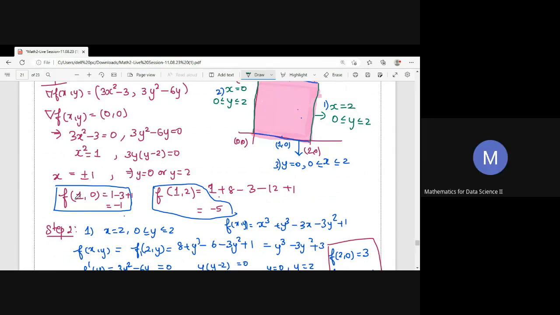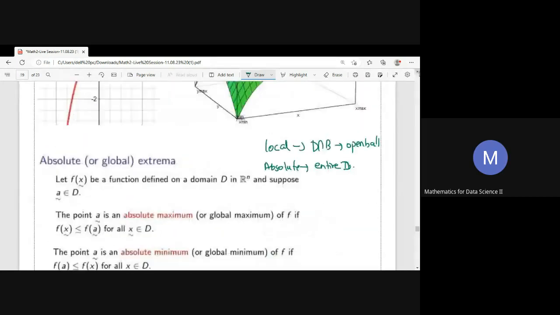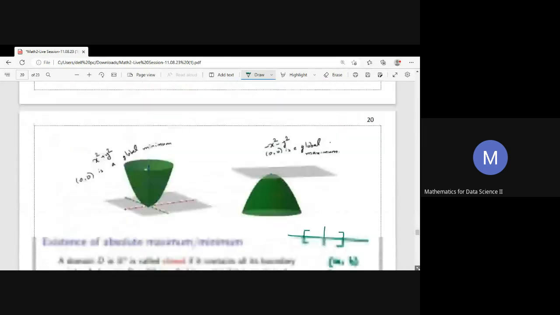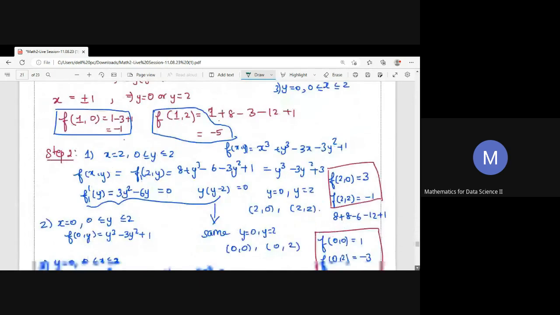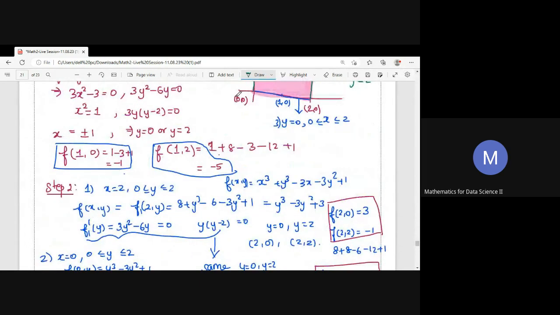So can you say that this is a saddle point? Yes, right? But it works even if it's a local maximum, that it won't be a saddle point, right? Oh, I said absolute maximum. Sorry, it is for local maximum. Yeah, fine. So in that case, you need the graph of that function. Here you can say only that it is not a global extrema, but local extrema is not covered here.